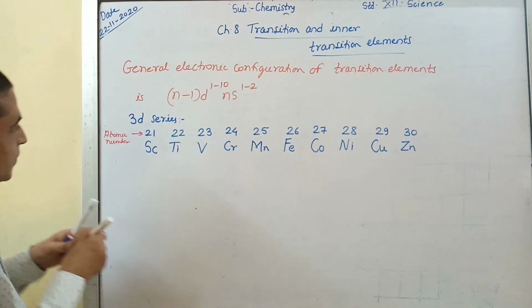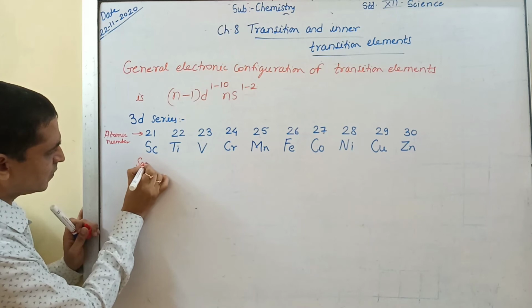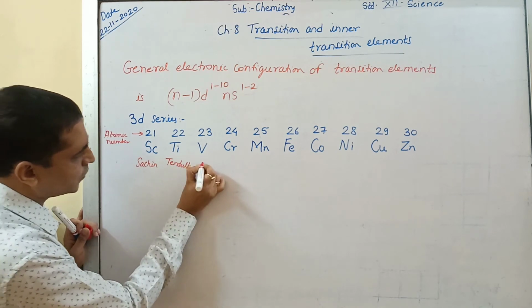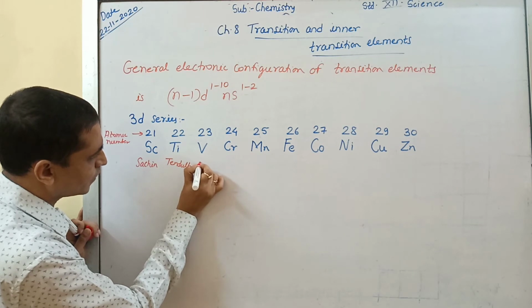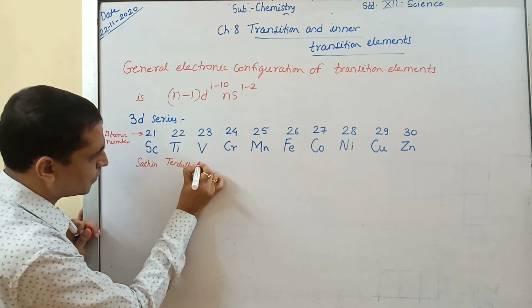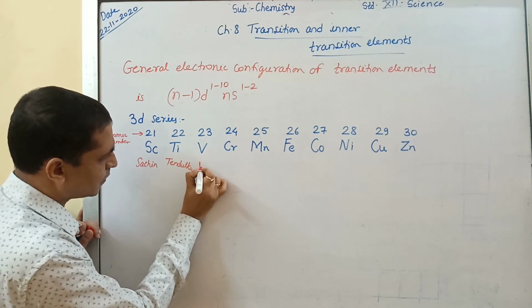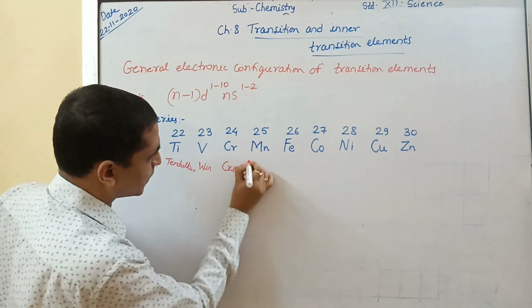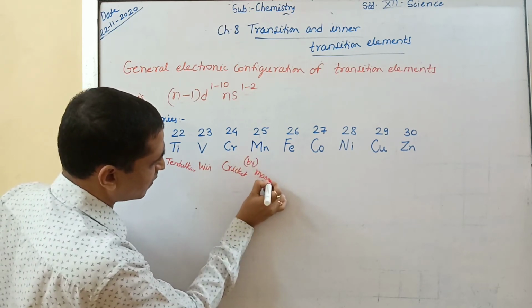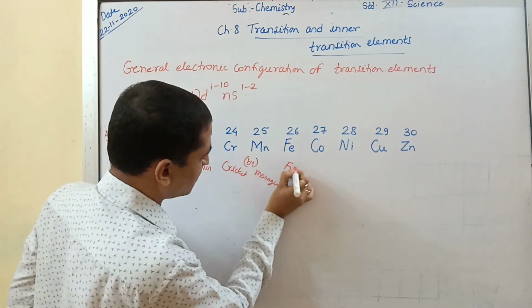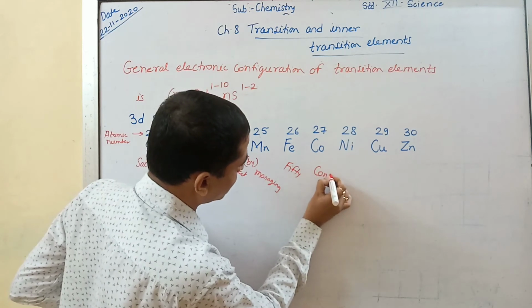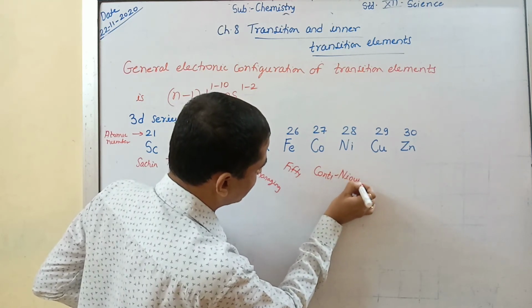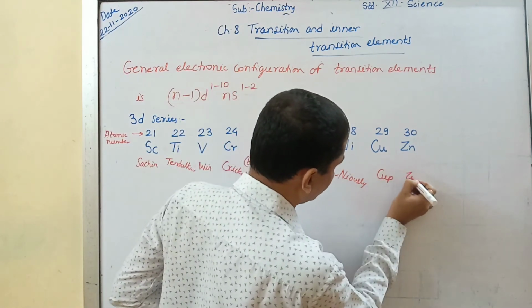How to remember this series? See, for this I put Sachin Tendulkar, and I put here Win, cricket, by managing, 50, continuously, Cup Zinc lamp.